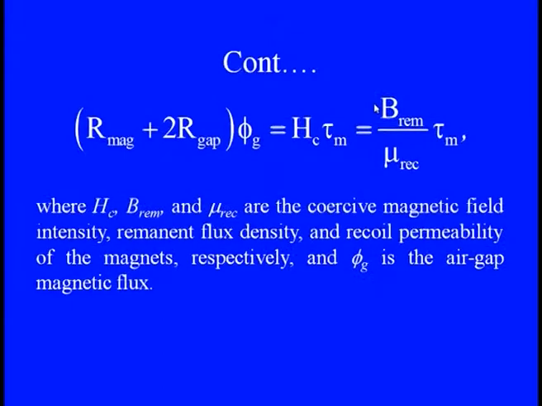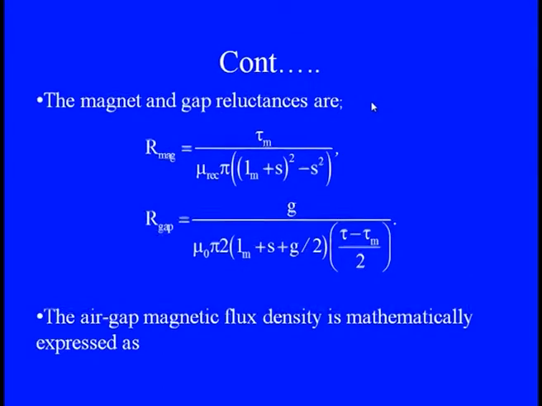So when we talk about the magnet reluctance, it is equal to tau m, which was the distance, divided by this, and G was the vertical distance, divided by mu 0 pi square Lm plus s plus G by 2 into tau minus tau m, which is the total difference between tau and tau m, divided by 2.